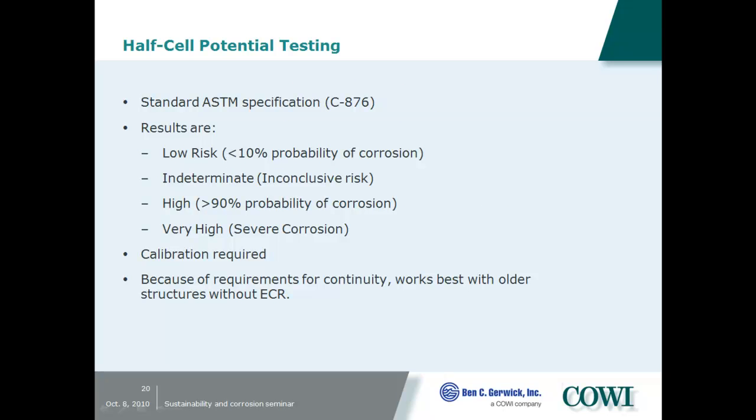There is an ASTM specification, C876, that has been based on American bridges with no membranes on top and being de-iced. They have values for low, indeterminate and high probability of corrosion, but as many structures are not directly comparable to that, calibration is always required.